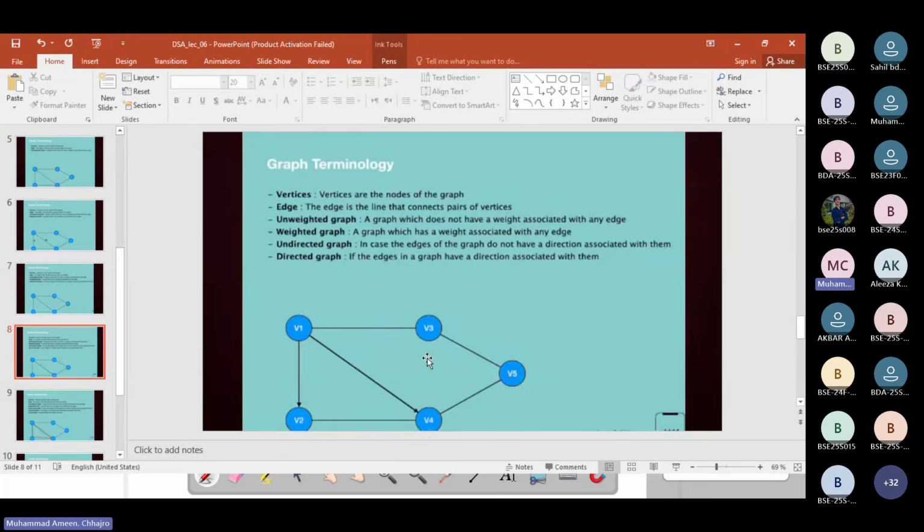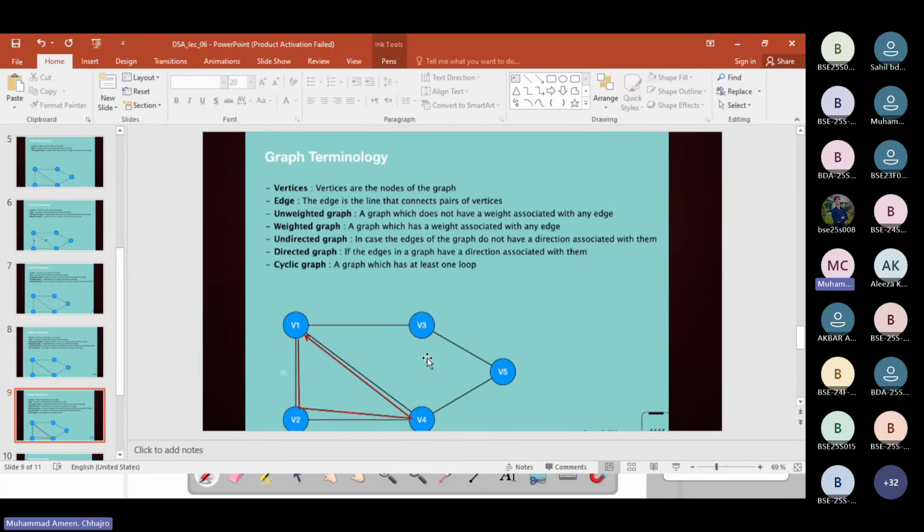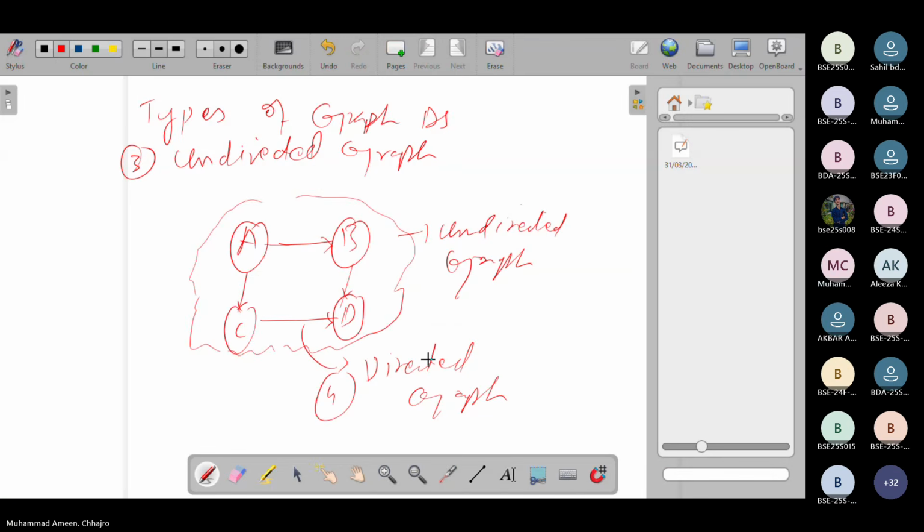Now the second is the cyclic graph, a graph which has at least one loop. That is a very, very simple concept.